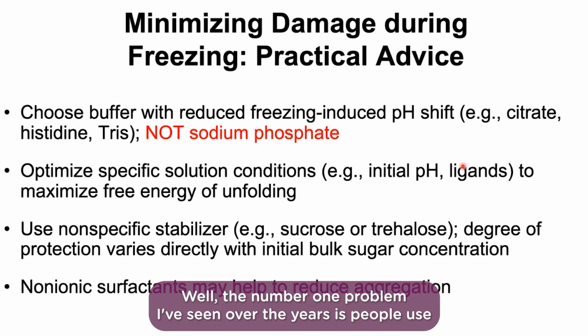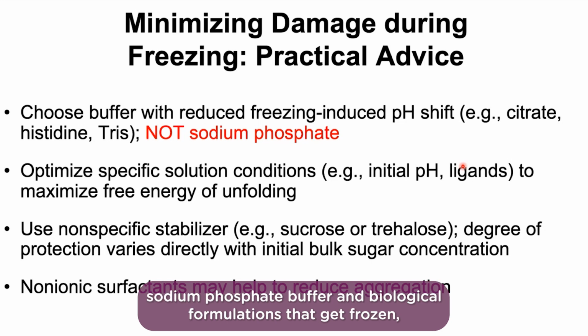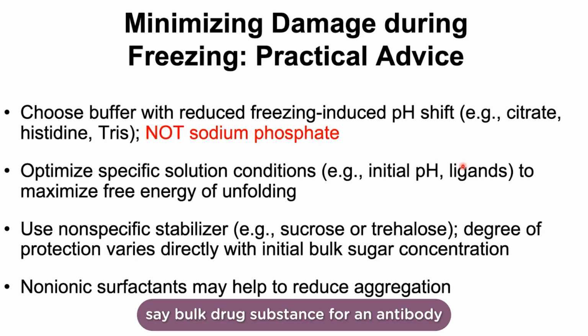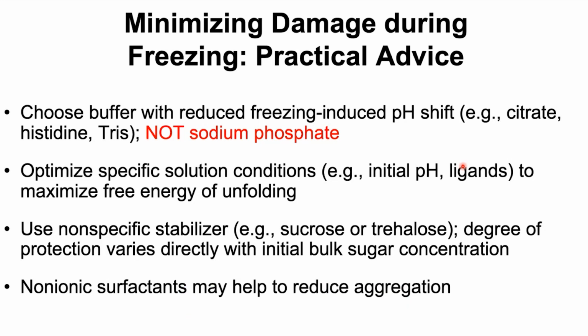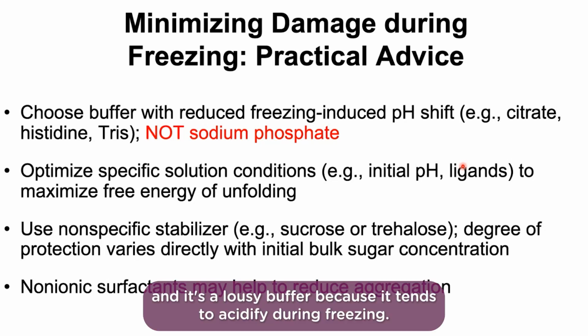Well, the number one problem I've seen over the years is people use sodium phosphate buffer in biological formulations that get frozen, say bulk drug substance for an antibody, AAV formulations used for gene therapy, you pick something. Sodium phosphate's a lousy buffer, and it's a lousy buffer because it tends to acidify during freezing.